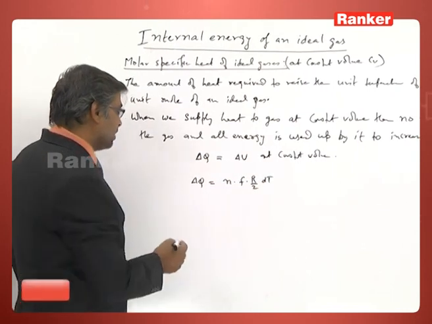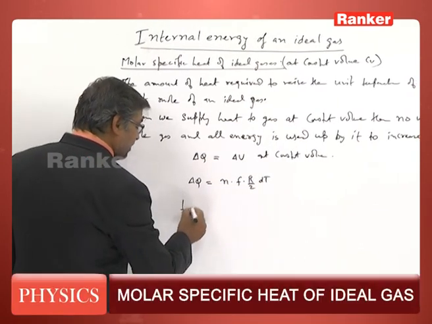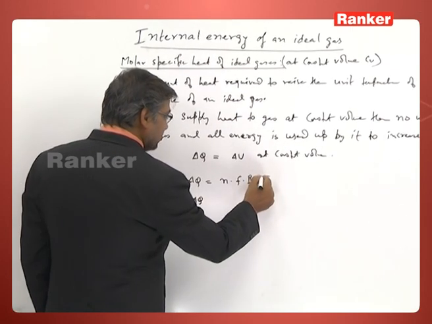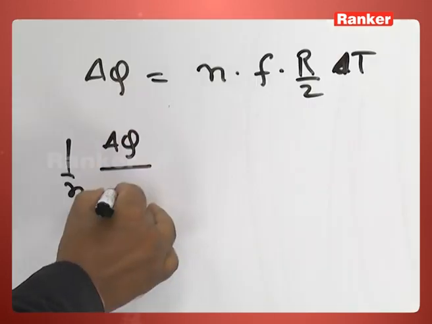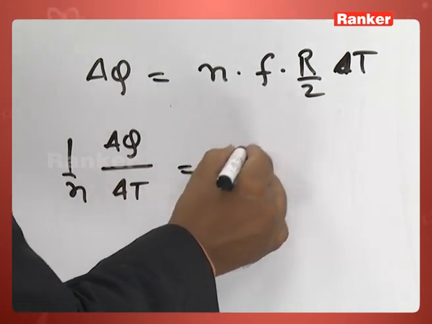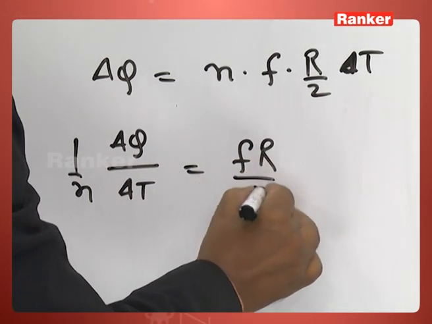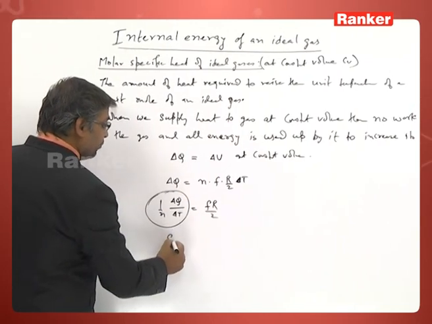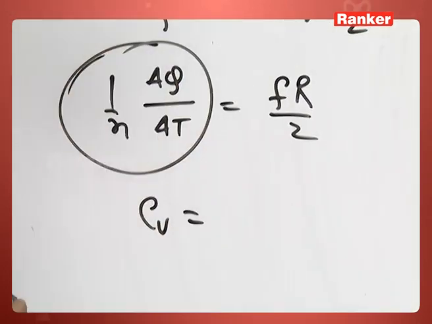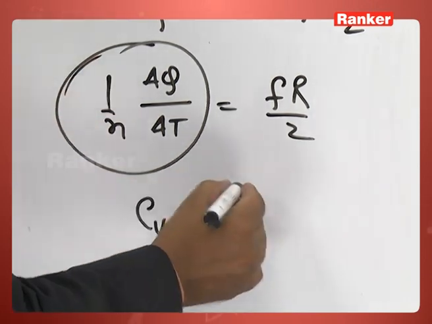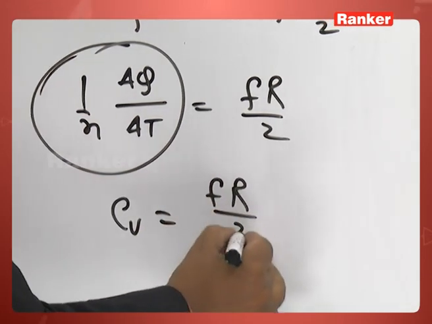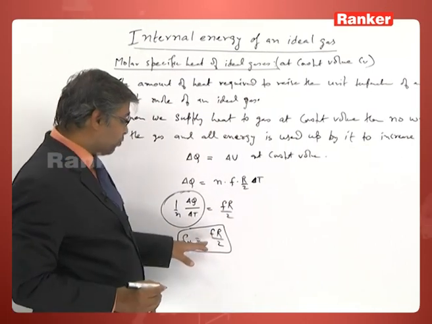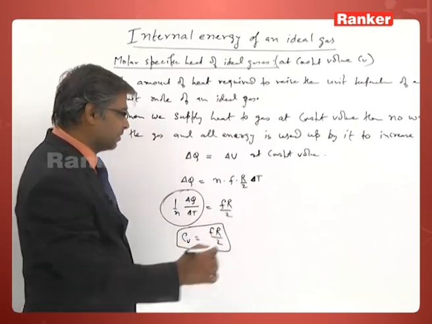Now, N has been brought here, so delta Q by delta T will be equal to F into R by 2. We call this quantity CV, that is the molar specific heat of a gas, F into R by 2. So, this is the formula for molar specific heat of a gas.